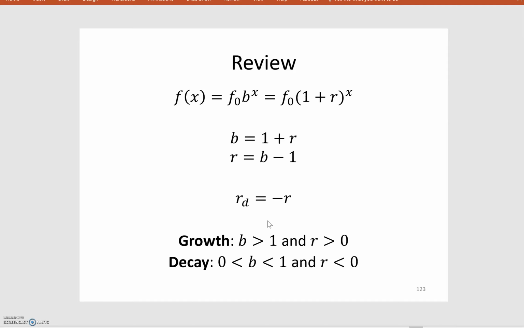In any case, just to review what we've gone through in this section, we have our basic exponential growth model. Now, I'm writing growth rate right here because that's the form that this is in, but keep in mind that this growth rate could actually mean decay if it's a negative number, all right?